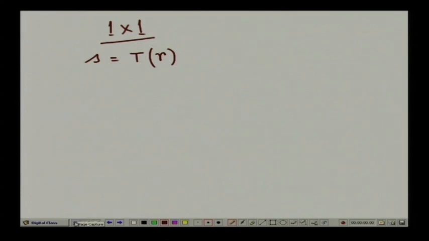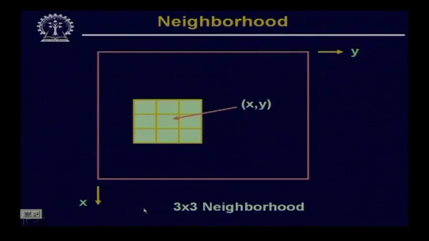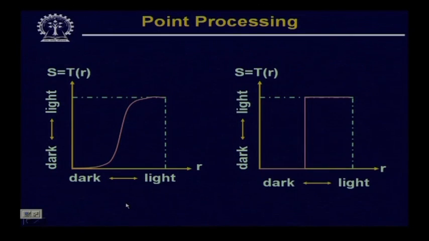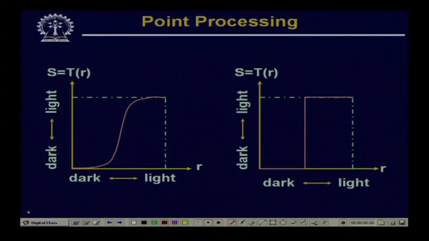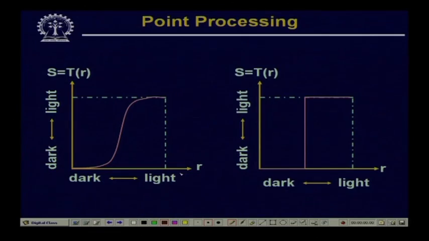Now, these transformation functions can be put in the form of these two figures. The first figure shows a transformation function where, along the x axis, or the horizontal axis, we have put the intensity values r of the original image, and along the vertical axis we have put the intensity values of different pixels in the processed image g.